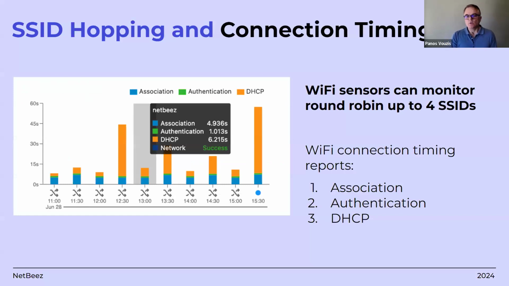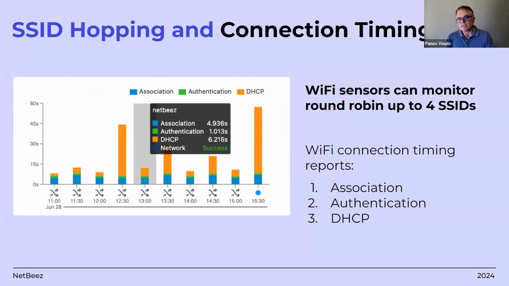Another aspect of Wi-Fi monitoring is the ability to run periodic full cycles of association, authentication, DHCP, and 802.1X if it's included in the authentication part with your infrastructure.